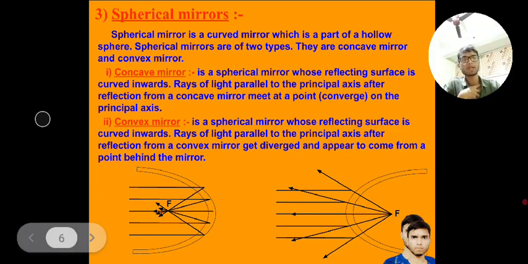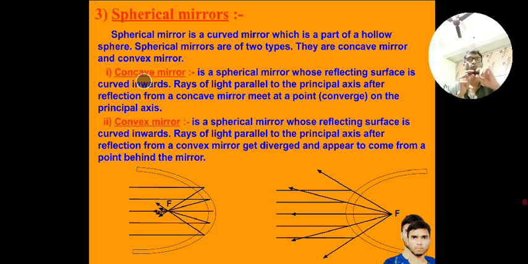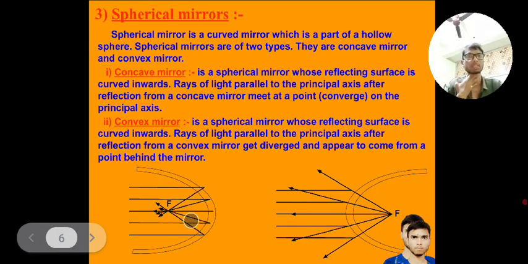Remember this point. First, concave mirror. When it comes to cave, one thing should come to your mind: the inward surface will be the reflecting surface. This is a concave mirror. It is a spherical mirror whose reflective surface is curved inwards. This is the inward, and this would be the reflecting surface.